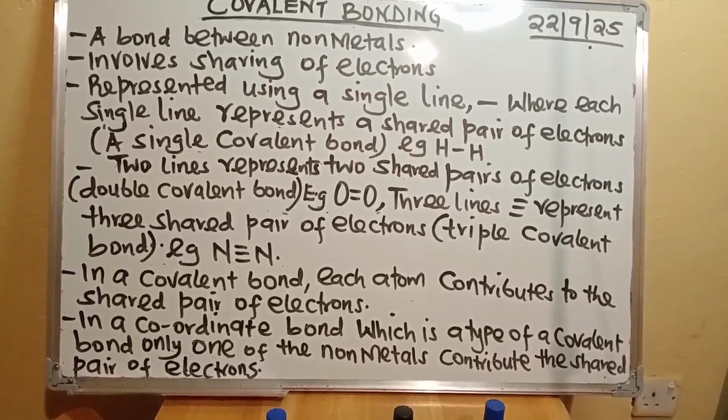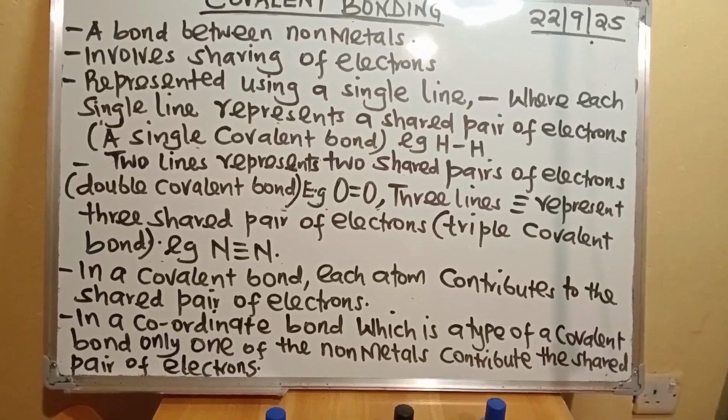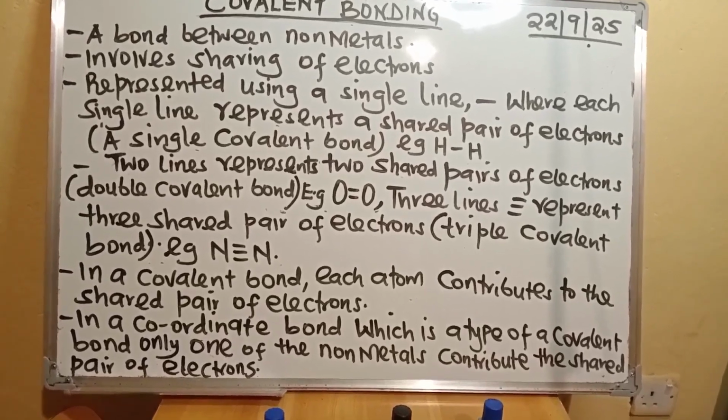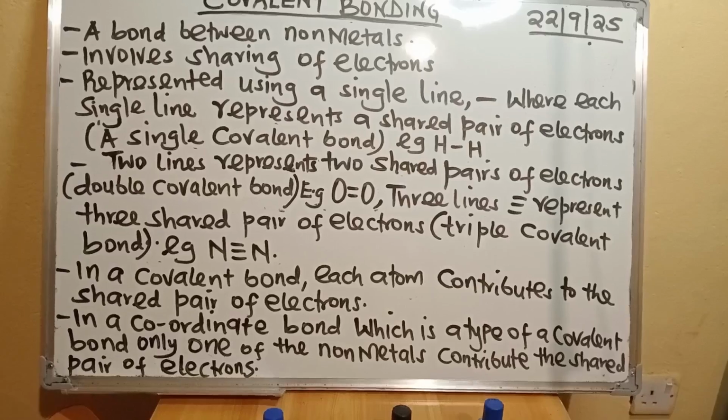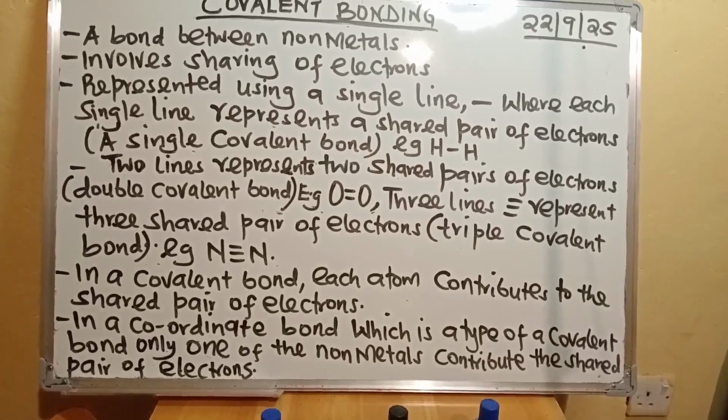Two lines represent two shared pairs of electrons, that is a double covalent bond, and three lines represent three shared pairs of electrons, that is a triple covalent bond.